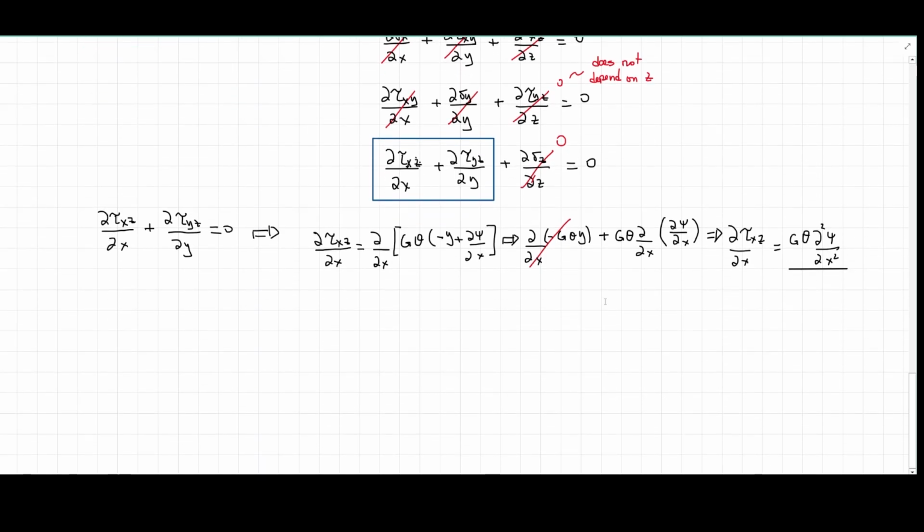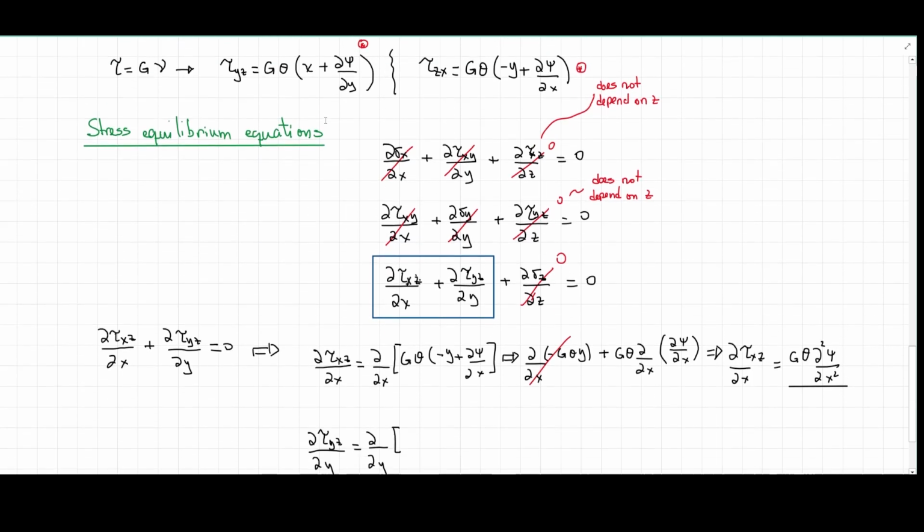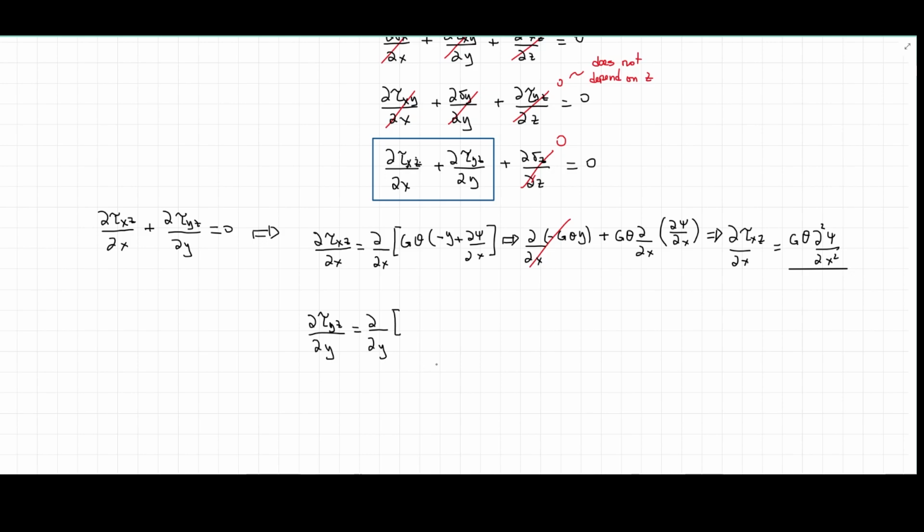Let's do the same with the other one. The other is the partial derivative of tau yz with respect to y. Then again, I'm going to write it again, y. And then I know that this one here is going to be G theta parenthesis x plus this other one, G theta parenthesis x, partial derivative of psi with respect to y.